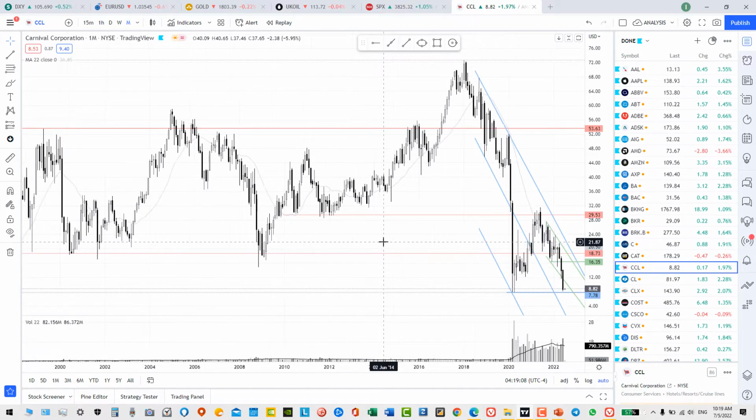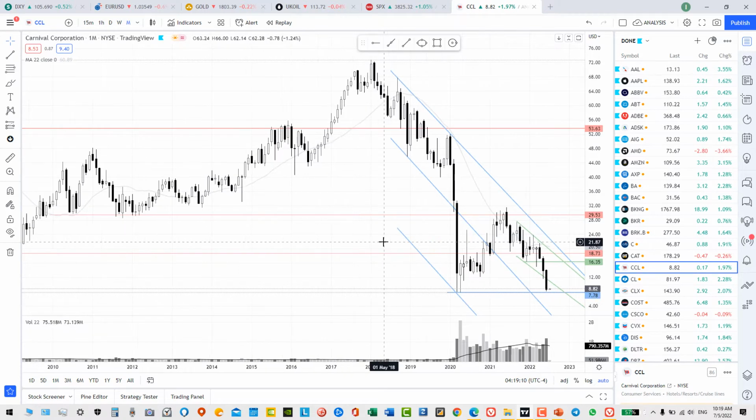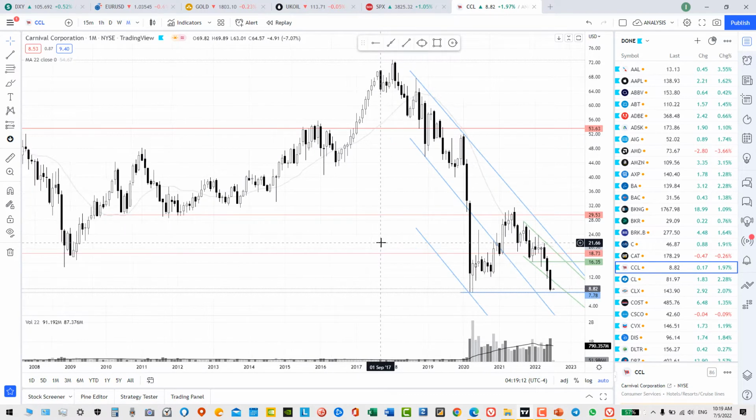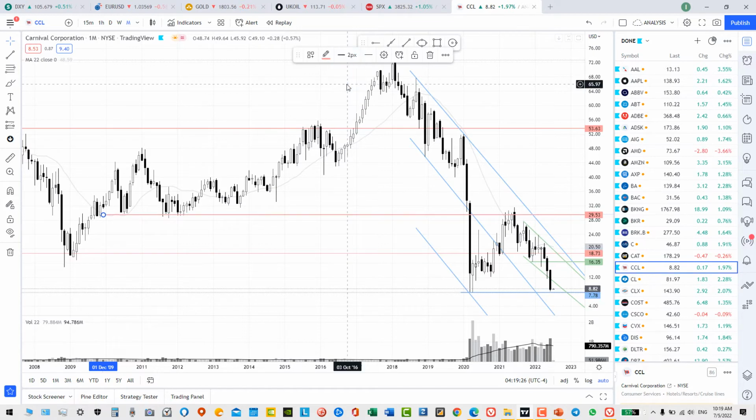Now let's get a little bit into the chart and see there is a substitute or alternative, more important resistance or key monthly level coming into action, which is the $30 level.